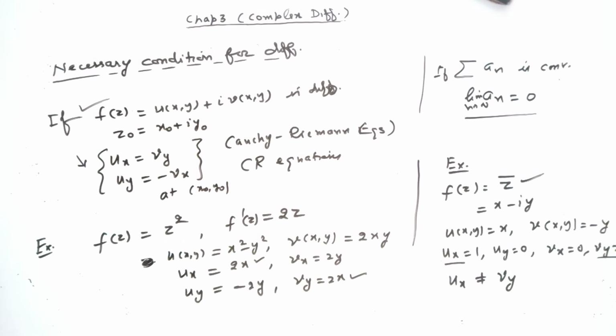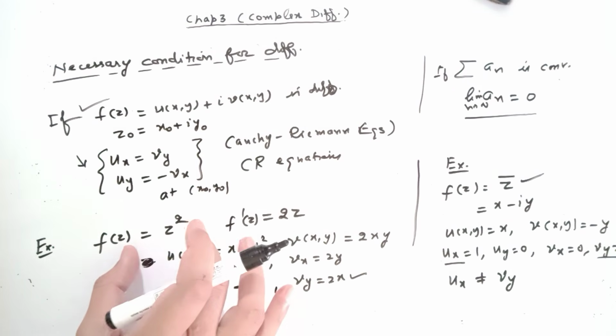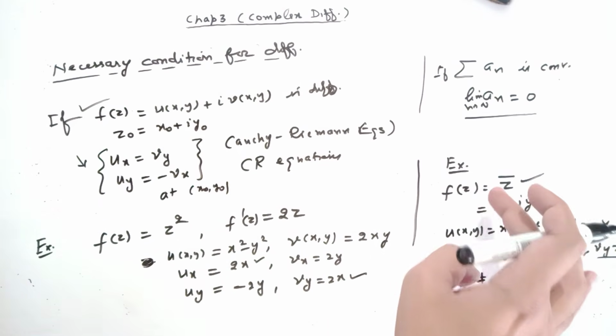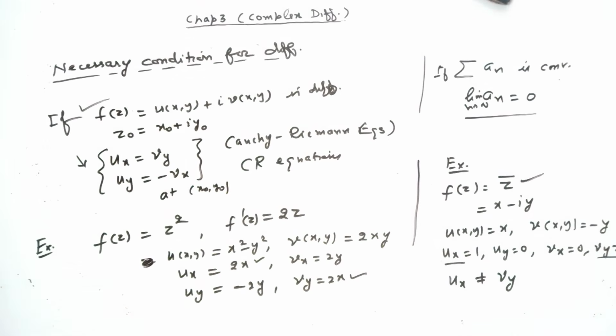Okay. This is differentiable function everywhere, so naturally CR equations are satisfied everywhere. This function is not differentiable anywhere, you can check by definition. But through CR equations, you are able to tell that this function is not differentiable anywhere. Okay.